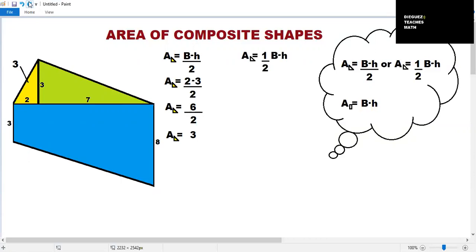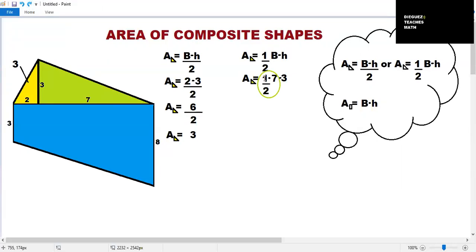So I'm going to move over to the green triangle, and for that one, I'm going to use this other one. Again, it is the same, there's no difference. I'm just showing you this to make sure that you know how to work both of them out. So 1/2 times base, the base of the green triangle is 7, times height, which is 3. I'm going to multiply 1/2 times 7. I can just multiply 1 times 7 and then divide by 2.